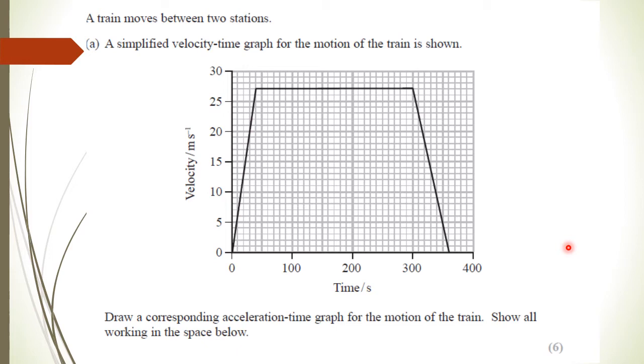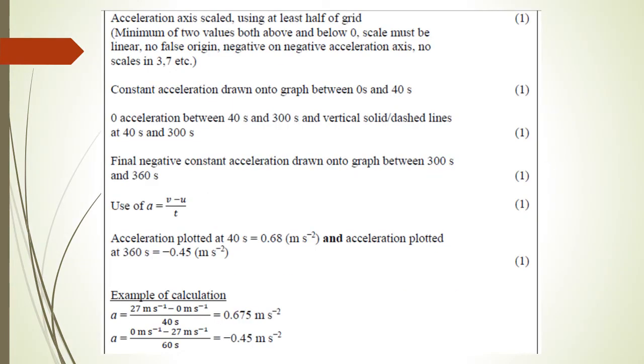It's a 6-mark question, so let's see the marking points, the points you should include in your answer. We have to draw the graph, right? The acceleration axis is scaled using at least half of the grid.